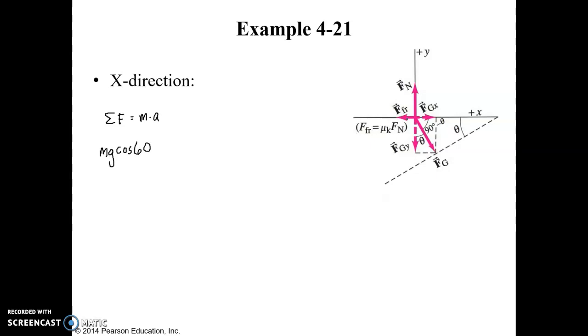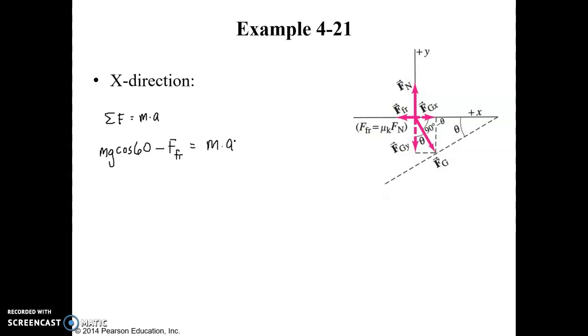We are also going to have the friction force going in the opposite direction, minus the force of friction. And that's it. Those are the two forces that are present. That is going to equal mass times acceleration.